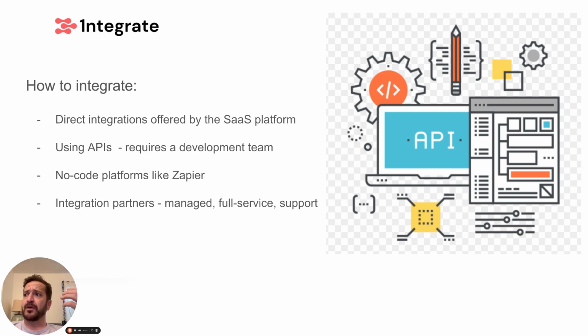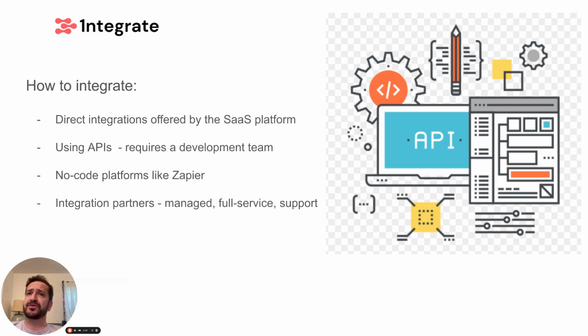If you don't find what you need, or if you need something more custom, most platforms have what are called APIs, application programming interfaces. These are how platforms communicate. And for this, you would need either a development team, or you could utilize a no-code platform like Zapier, and like Make, formerly named Integromat.